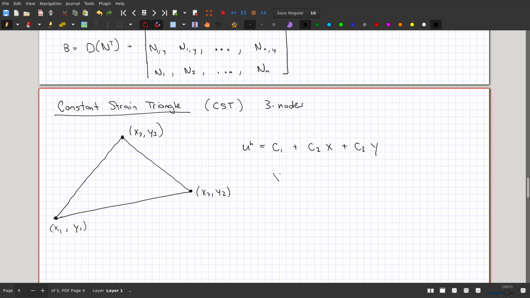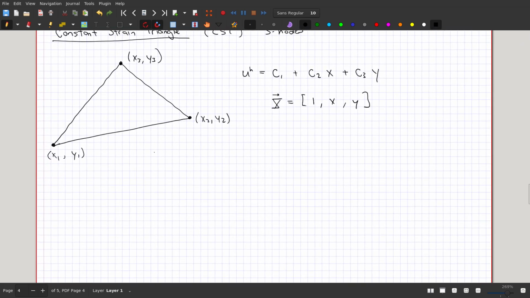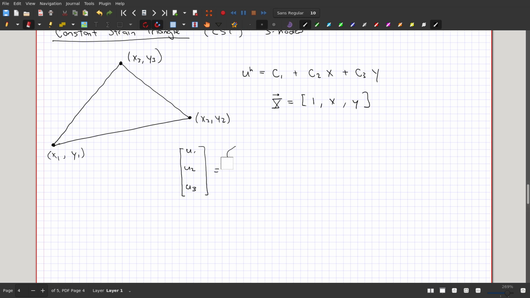And so another way, we had this X vector before that was like 1, x, y. So that is our interpolation. The way you would develop these, just like before, if we had U1, U2, U3 equal to, now we're going to evaluate our X vector at each of the nodes, right?